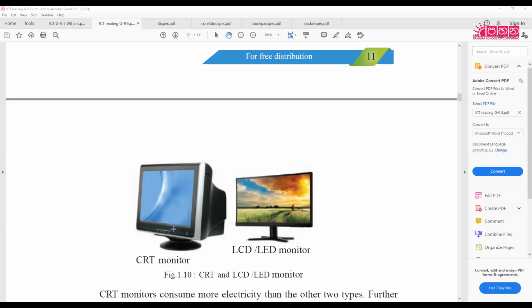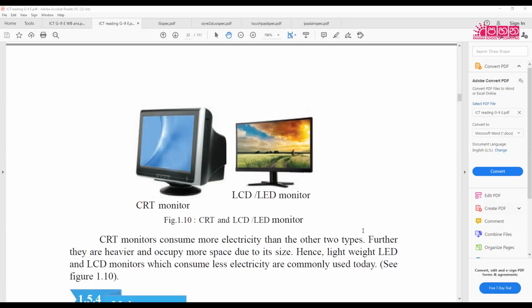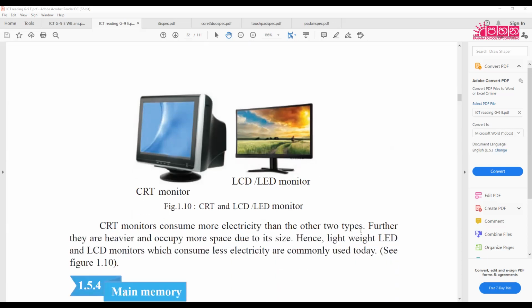A CRT monitor needs a large space to keep, whereas LCD monitors are thin, so you don't need that much space. Usually you can hang them on a wall. Nowadays, you can hang a TV on a wall. So that's about the LCD, LED or CRT monitors.